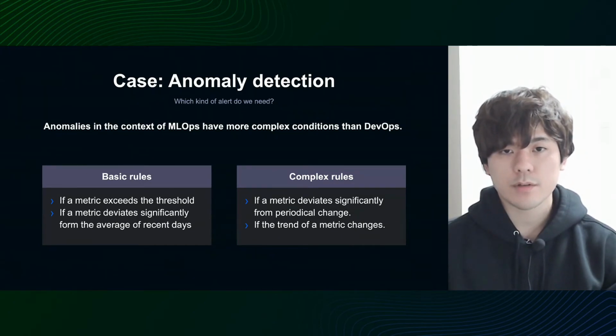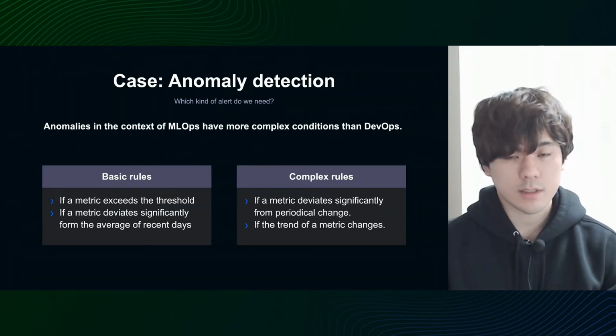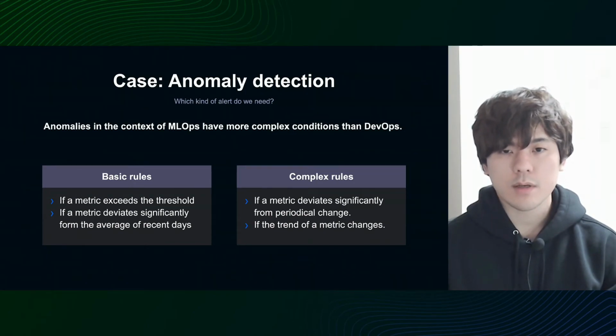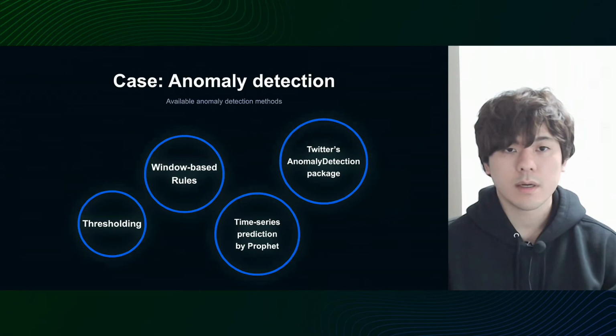In MLOps, on the other hand, metrics are often cyclical or trending. Therefore, it is desirable to be able to detect significant deviations from periodic changes or changes in trend, as shown on the right. To approach this problem, Lupus implements an advanced anomaly detector that utilizes machine learning.